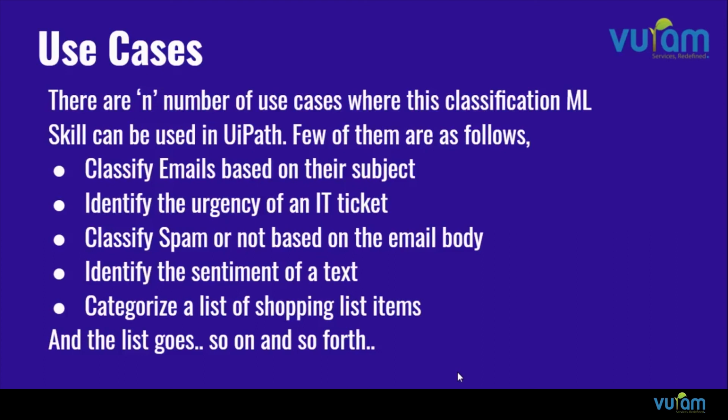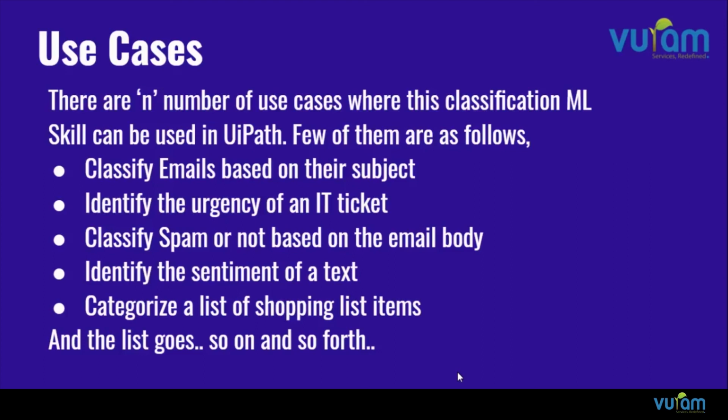You can use this ML skill to read the inbox and classify the emails accordingly. The second one: let's say you have an IT email box where you have to classify the urgency of the ticket based on the subject or the body. You can use this ML skill to classify it.